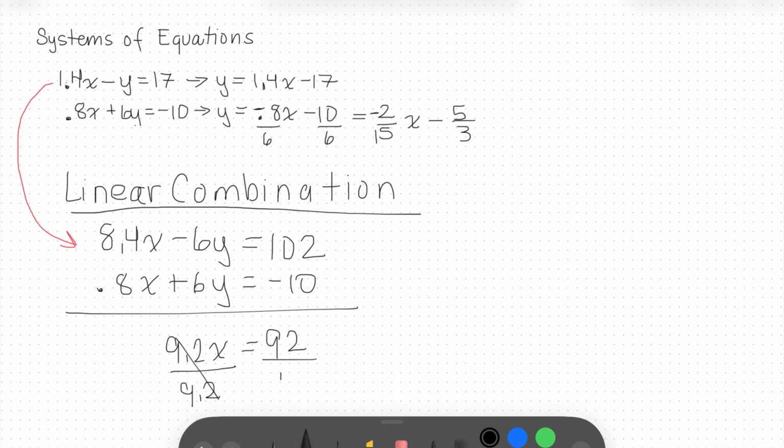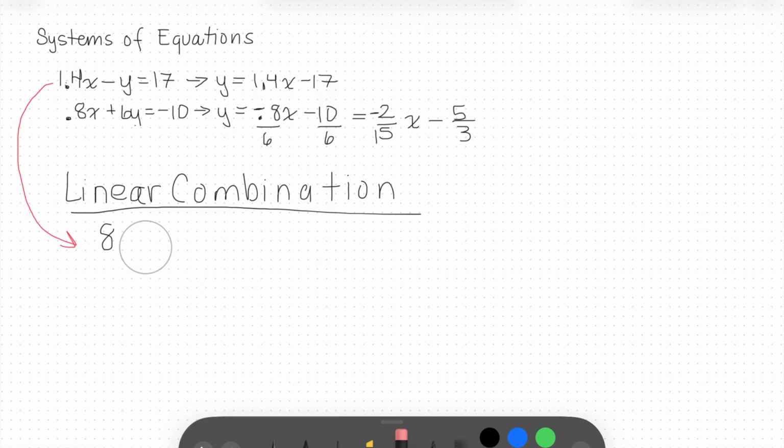We got to this point before. 92 divided by 9.2, and that gave us our x is 10, which we've seen twice now, that's the solution to this system. X is 10. And then if I plug that in, of course, I'm going to get negative 3.